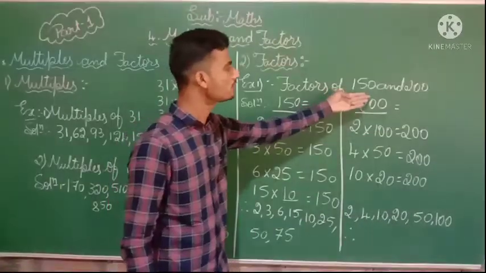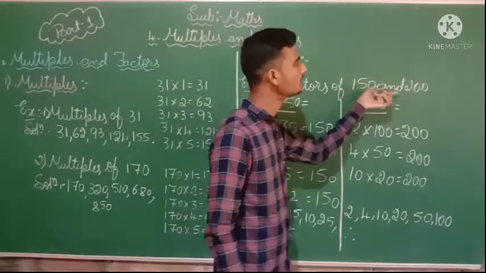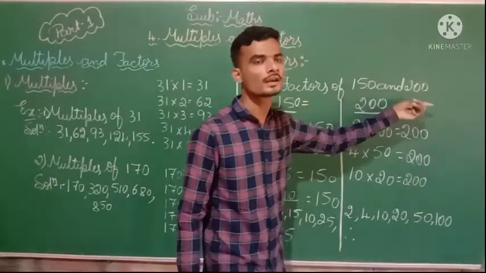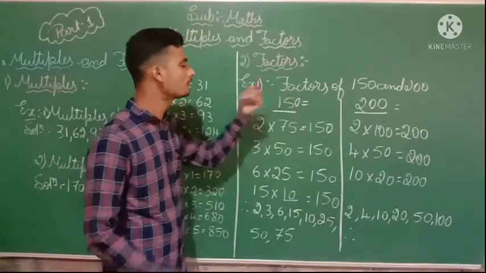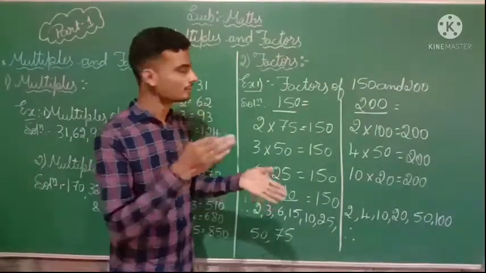See here, first we want to find the factors of 150, then we want to find the factors of 200. So first, you know how to find the factors, is it?